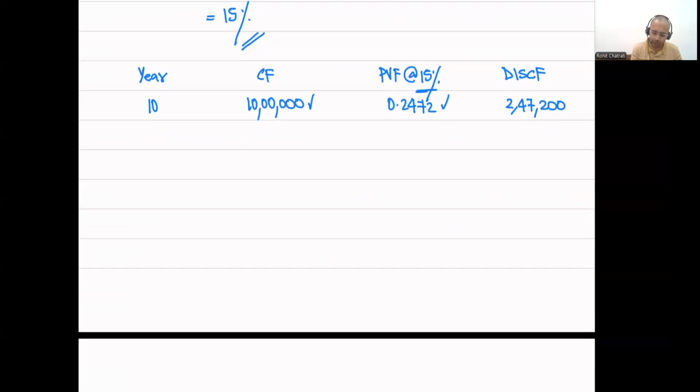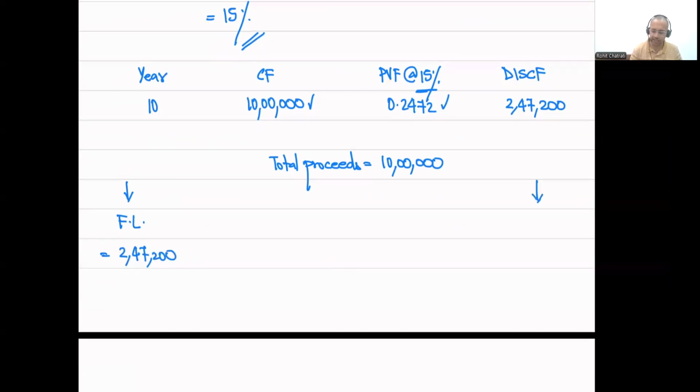Therefore, out of the total proceeds that I received on day one, which was equal to 10 lakh rupees, 2,47,200 is being classified as financial liability. Therefore, equity component is going to be a balancing figure.